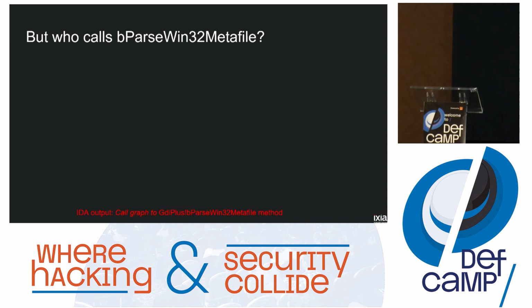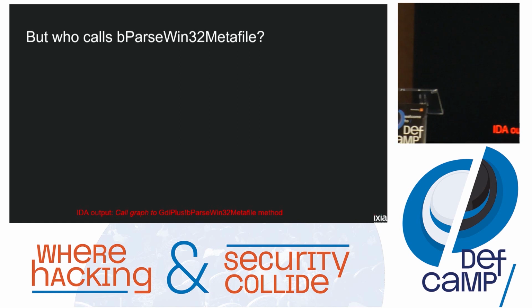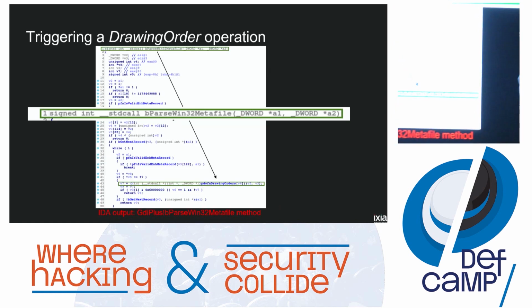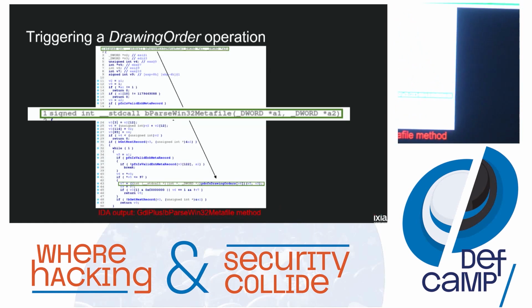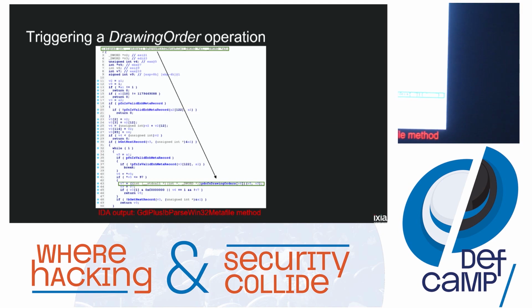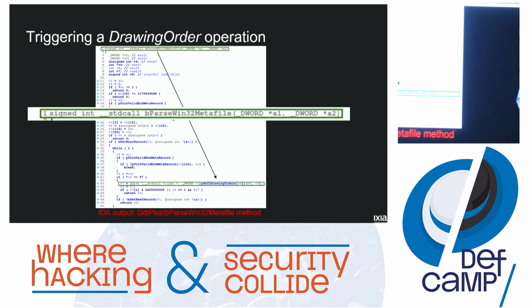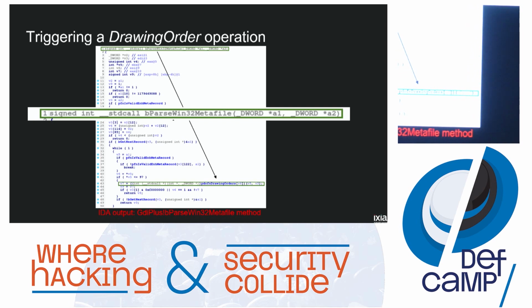Maybe if I go this way. Okay, seems to be better. So this is the method that eventually calls the drawing order array. In this method, bparse win32 meta file, we have a reference to that array that contains the whole drawing operations.